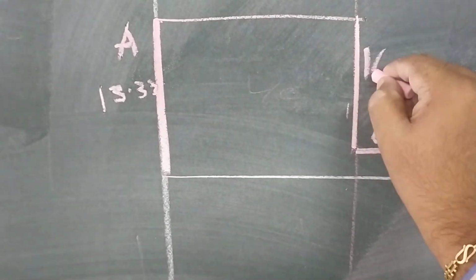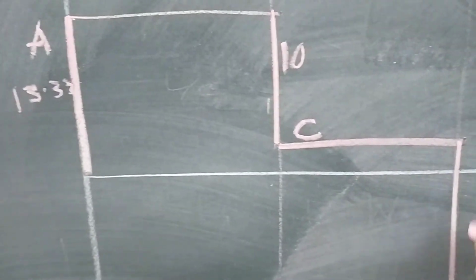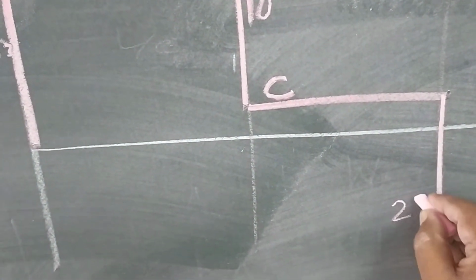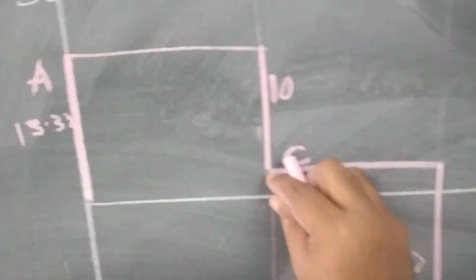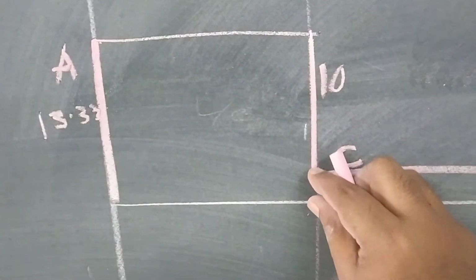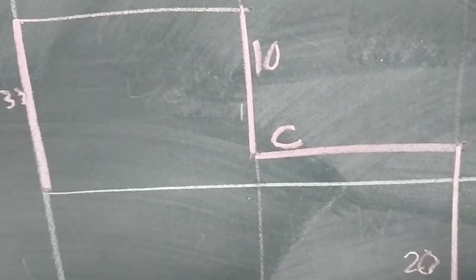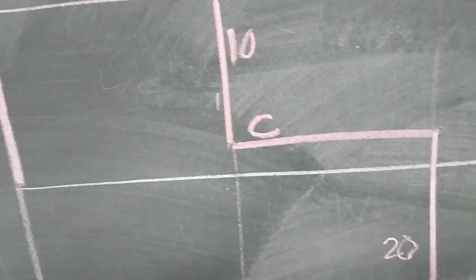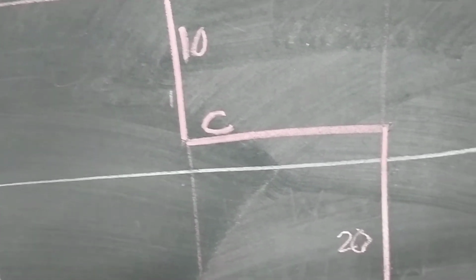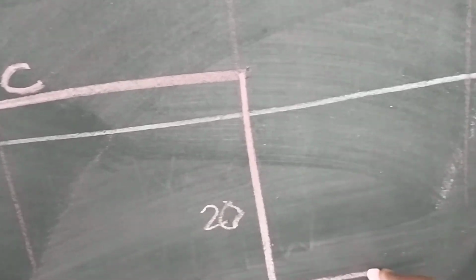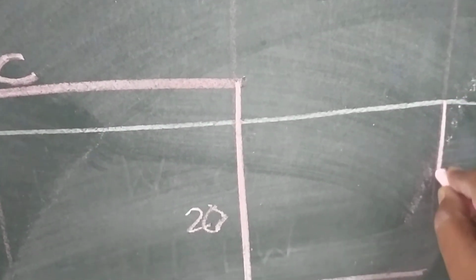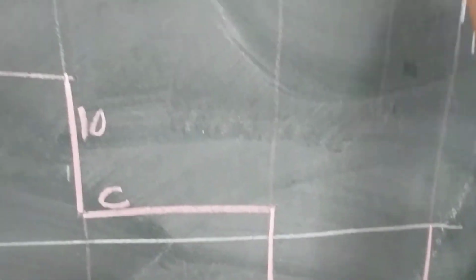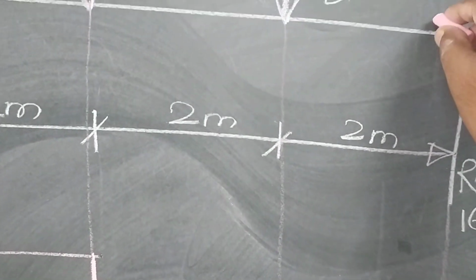So let us write down here 10, here a straight line, here 20, from this point 20. 20 means what? How much is this? 3.33. So this is 3.33. That means this one is what? 16.67. So again a straight line till point B and 16.67 upward.